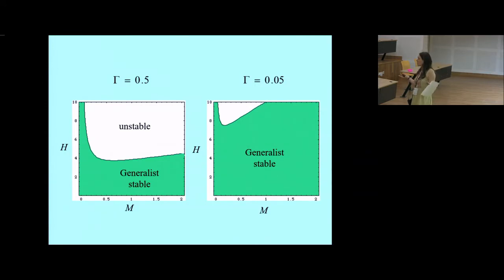So you have very little migration between the two patches, and you can adapt to both, and you can have two specialists, each adapted to each habitat. Everything is fine. But if habitat heterogeneity is low anyway, you will have the generalist all the time. But if you have a more heterogeneous environment, if you increase the migration rate, then the generalist equilibrium is not stable anymore, and becomes stable again for very high levels of migration.